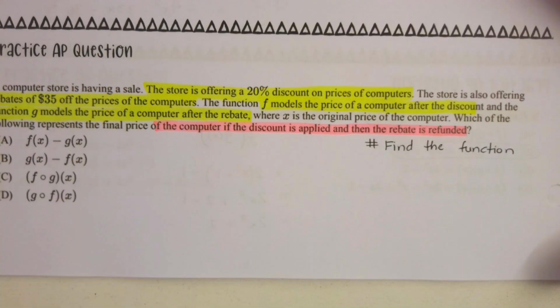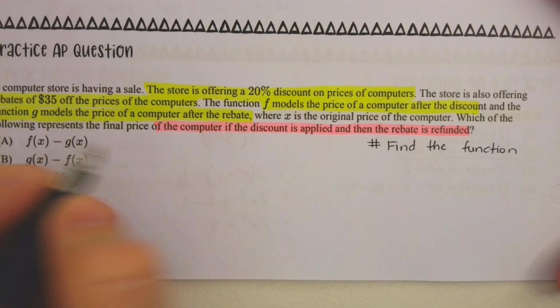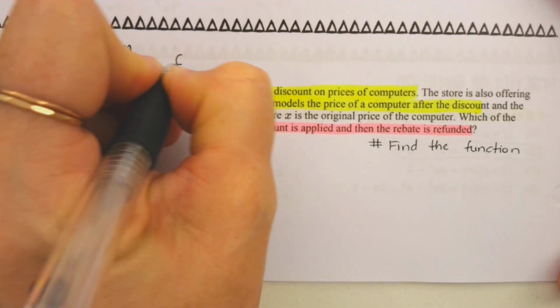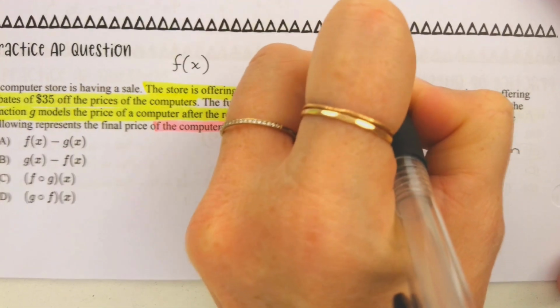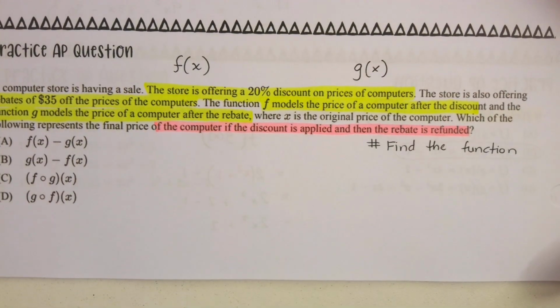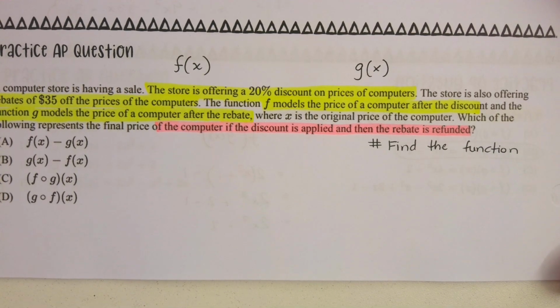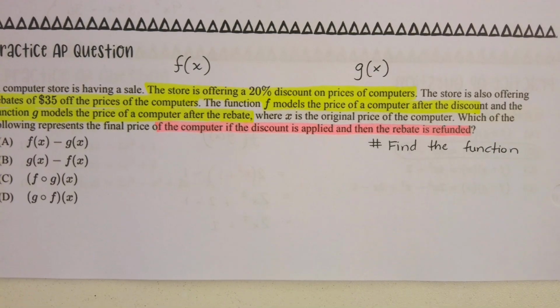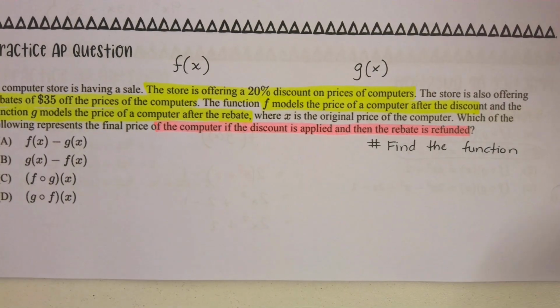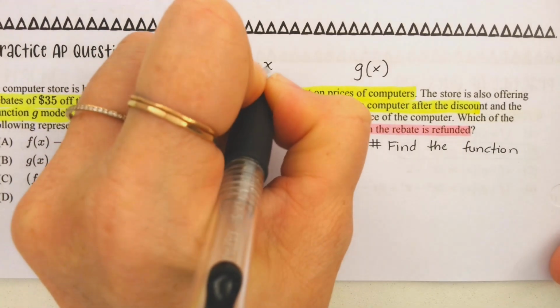First thing I'm going to have us do is just write the two functions that would represent these things. We're going to write f of x, and we're going to write what g of x is. g of x. Okay. So f of x, if we get a 20% discount, how do we write an equation showing that we got a 20% discount? 0.8 times the original price. Yes. 0.8 times the original price.